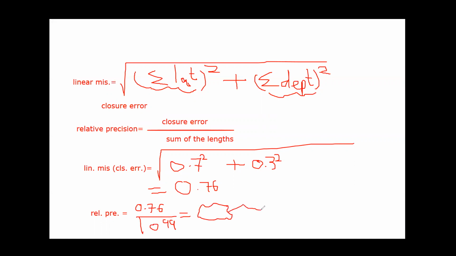So what you do next is you get the inverse of that. So you put it in a ratio format, which is 1 divided by 1441, which is approximately 1 to 1500.